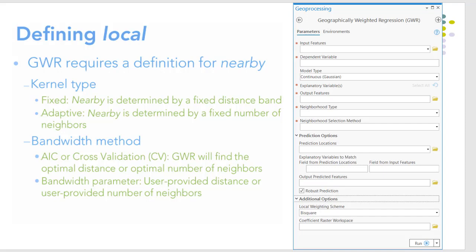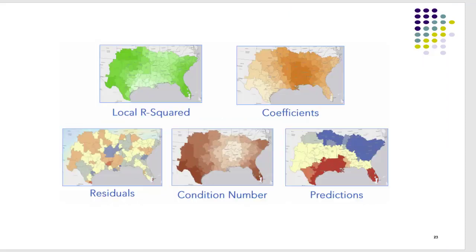The kernel type is used to find what is nearby, and the default for bandwidth is fine, so we just kind of accept the distance that it does use. All right, what's really awesome in terms of GWR is that every single one of those records, rows in our table, which represents a feature, has a local R-squared calculated for it, coefficient values, residuals, condition numbers, and predictions. So this allows you to see where the impact of the coefficients is occurring.